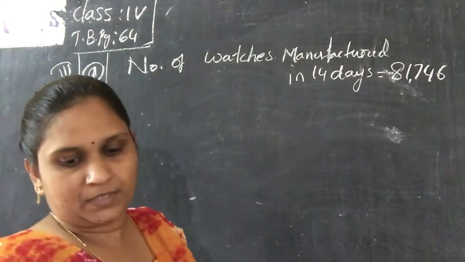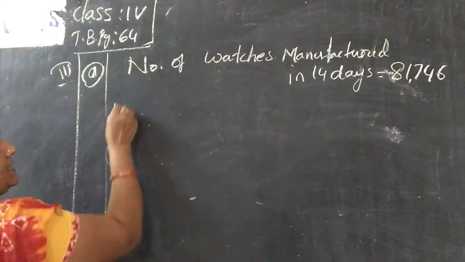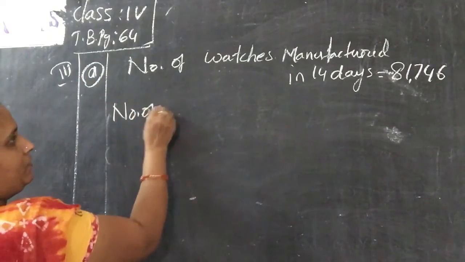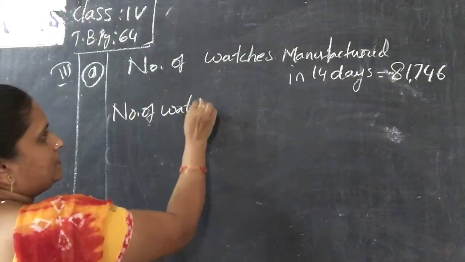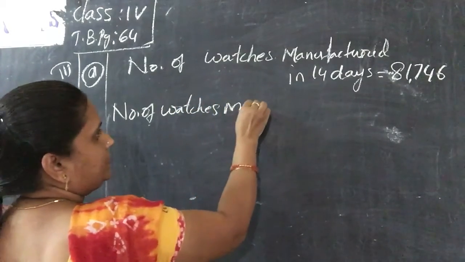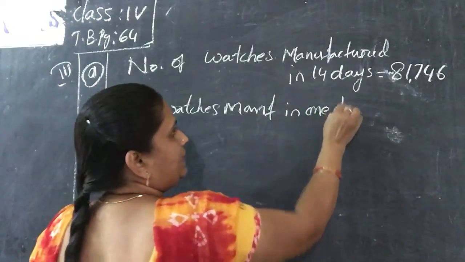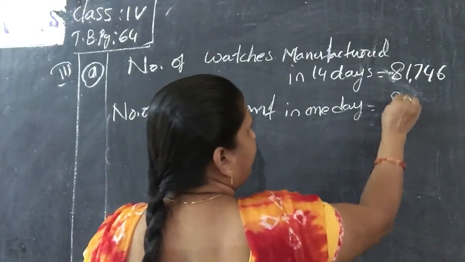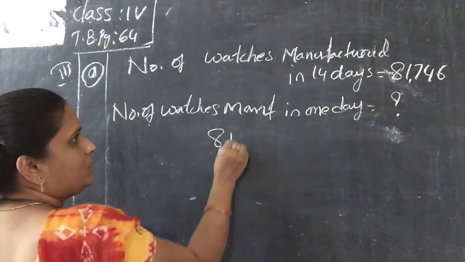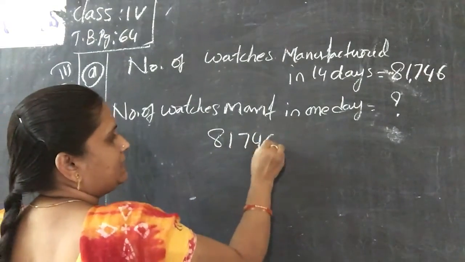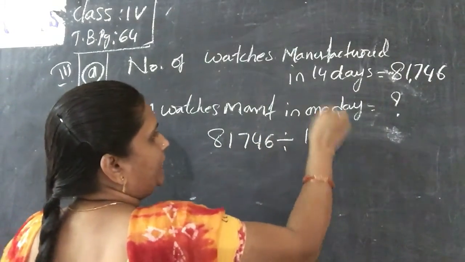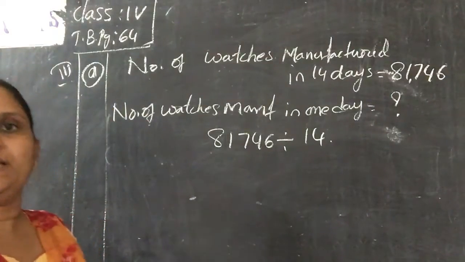Next, number of watches manufactured in 1 day is equal to how many? 81,746 divided by 14. Do the division, you will get the answer.